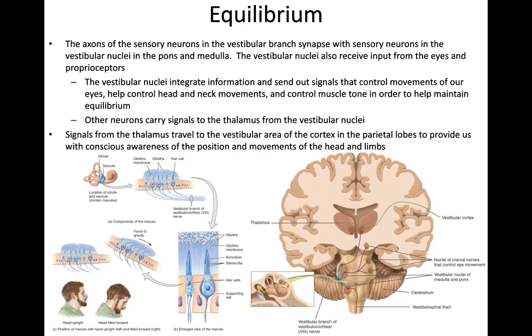Okay, so you have a lot of information coming into the vestibular nuclei, which integrates that information, then sends out signals that control movements of our eyes, help control head and neck movements, and control muscle tone in order to maintain equilibrium. Other neurons are going to carry signals up to the thalamus from our vestibular nuclei. The signals then from the thalamus travel to the vestibular area of the cortex, which is in your parietal lobes, providing us with conscious awareness of the position and movements of our head and limbs, not heads. We only have one.